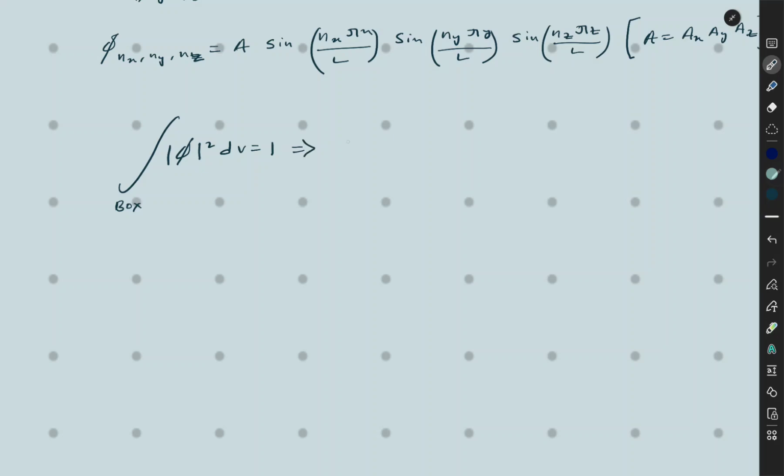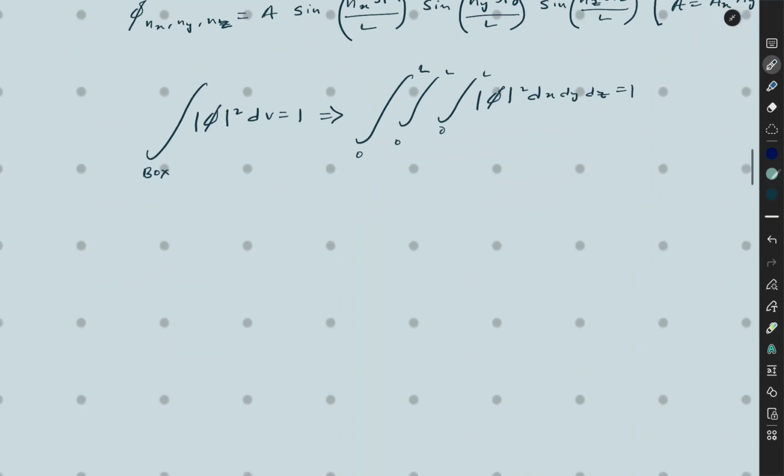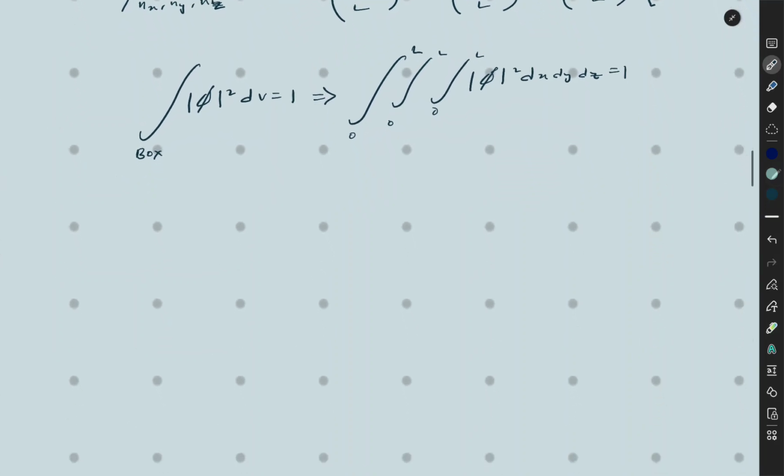So it implies integral 0 to L, 0 to L, 0 to L, and then phi square will be integrated with dx, dy, dz equal to 1. As those are independent variables, we can separate them all.